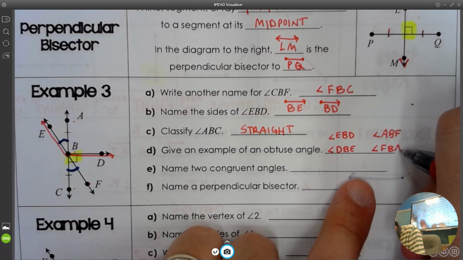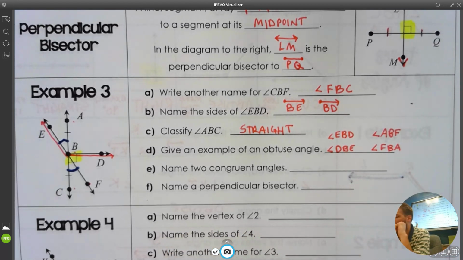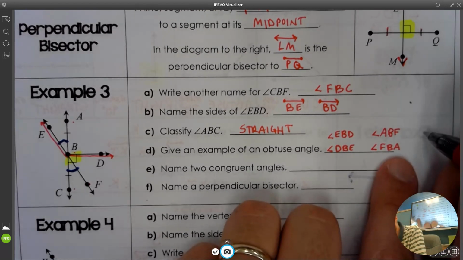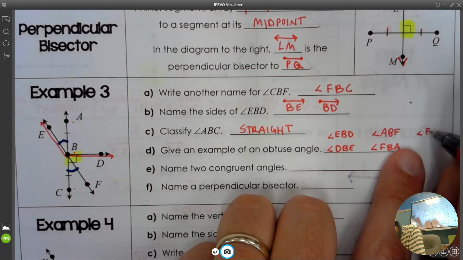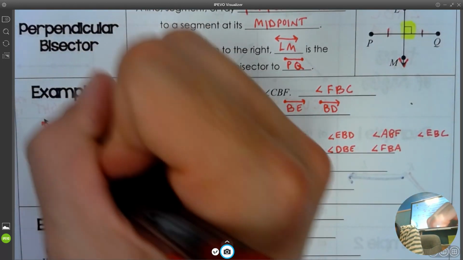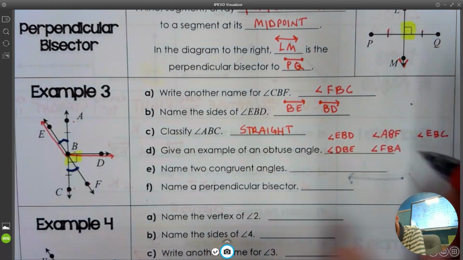Are there any more obtuse angles? Nice catch. Angle EBC, going from the left to the middle to the bottom. That is making an obtuse angle, which is the same as CBE.